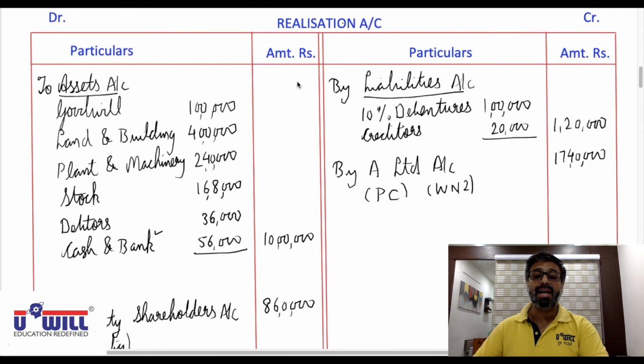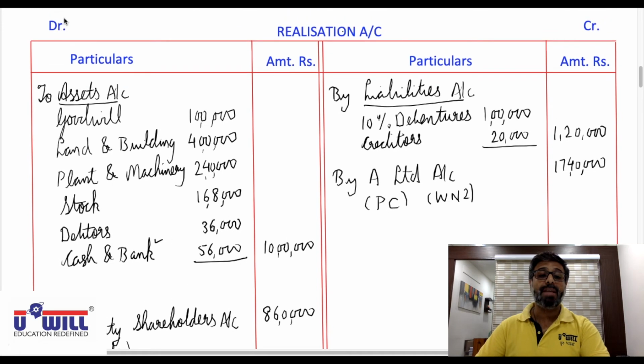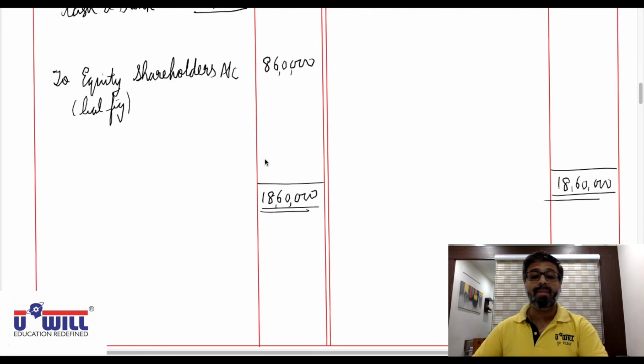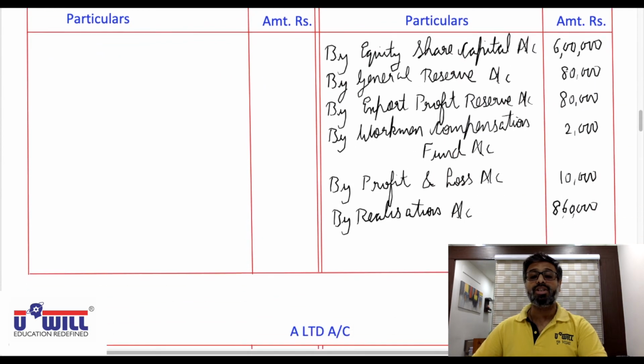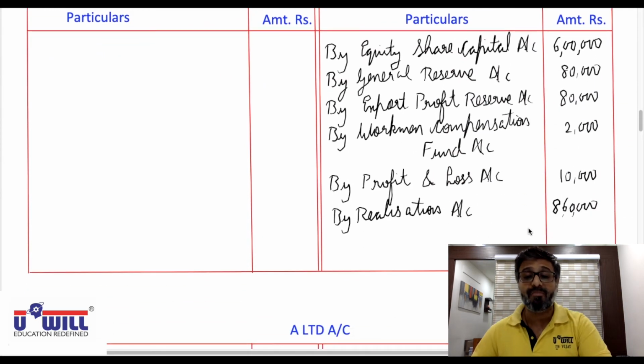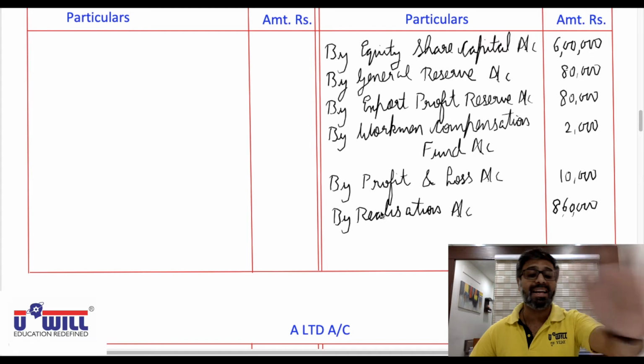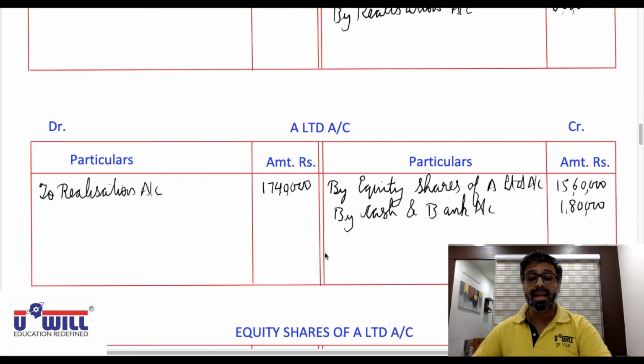If at all a journal entry was asked, here it is not asked. If at all it was asked, realization is on debit side, so realization account debit, equity shareholders on credit side, so to equity shareholders account. This journal entry we would have passed. Now what last two steps did I tell you? Transfer realization to equity shareholders and all other accounts to equity shareholders. A Limited already gets closed, 1740 both the sides.